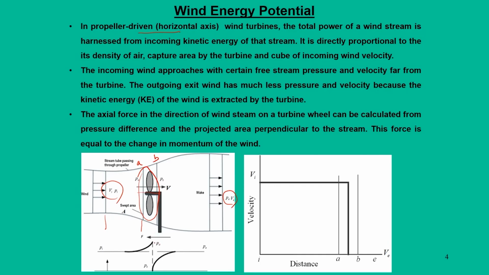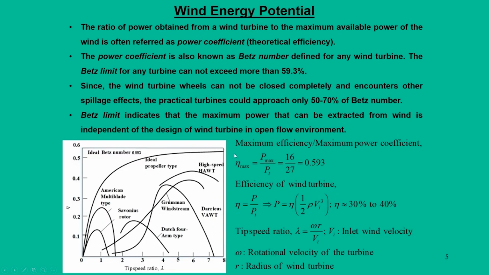That way the pressure drops from PA to PB, and at that point we bring the velocity VI back to the VE velocity at these locations. Through this analysis we have defined the total power available in the wind, and through this particular arrangement the maximum power that we can extract, and the difference between them gives rise to the maximum power coefficient.